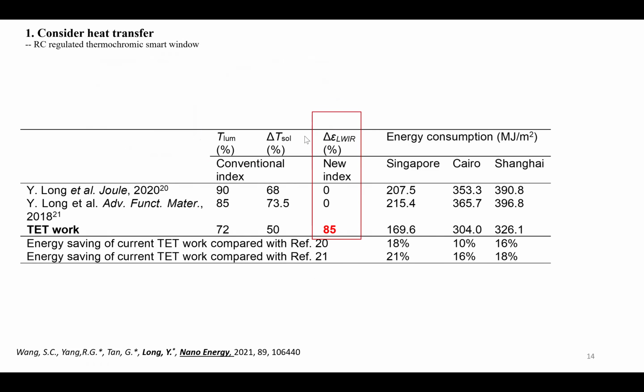For example, once we introduce this new performance index, emission, even though the conventional TILU and delta T so are not that good, only 72 and 50, the new one reaches 85, and the energy consumption is much improved in these different regions. This is our very first paper.